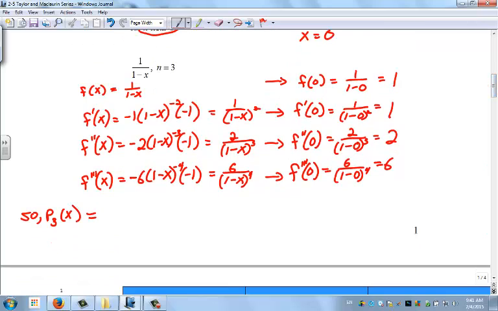So it's f of 0, which is 1, plus f prime of 0 times x, so that's 1 times x, plus f double prime of 0 times x squared over 2 factorial, plus f triple prime of 0, which is 6, times x to the cubed over 3 factorial. I just said x to the cubed.